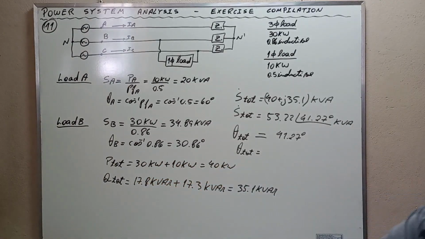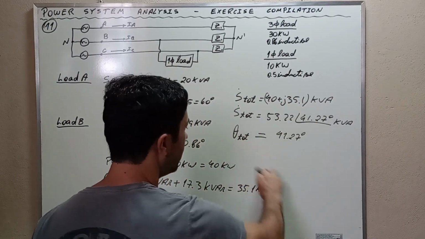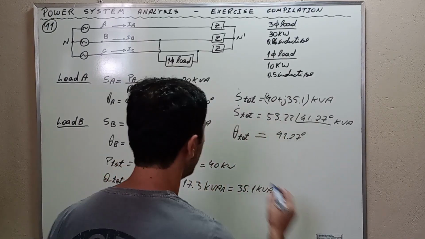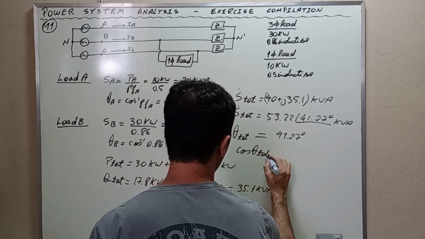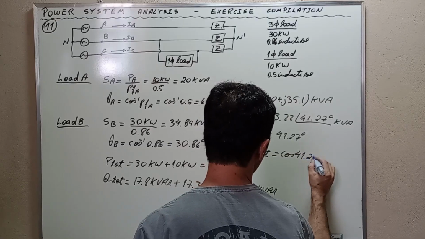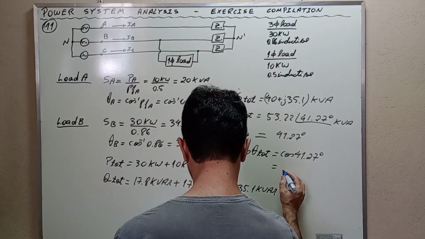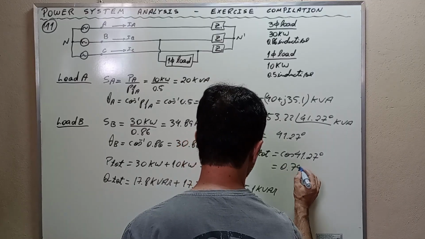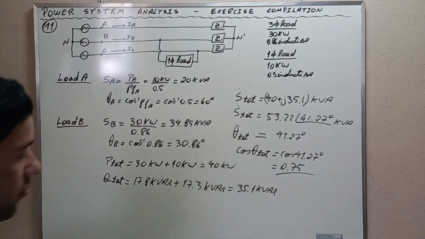The combined angle is this. What we wish is the cosine of this. We wish the cosine of theta total, which is equal to the cosine of 41.27 degrees. Okay, and this is equal to 0.75. Okay, my friends, this is the solution of this exercise.